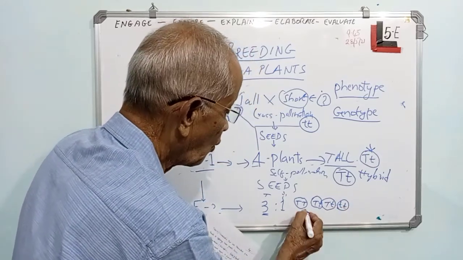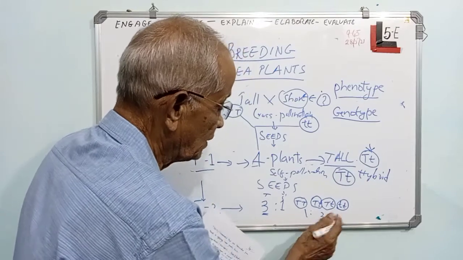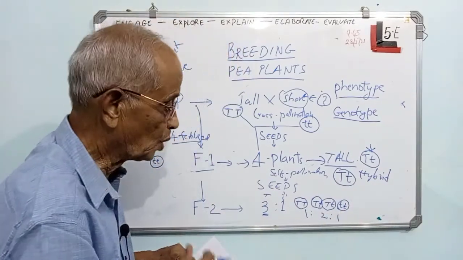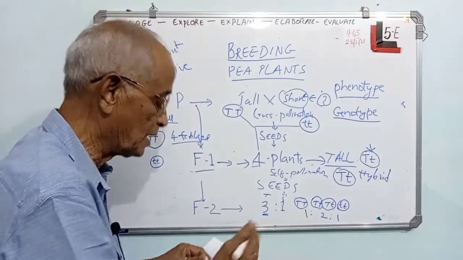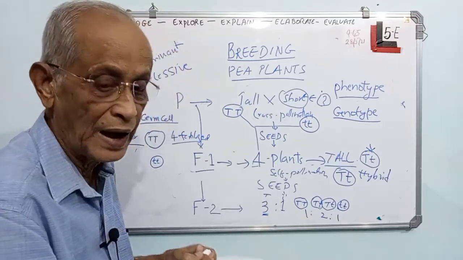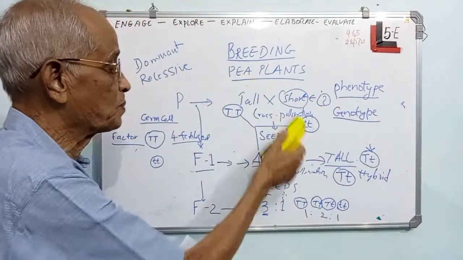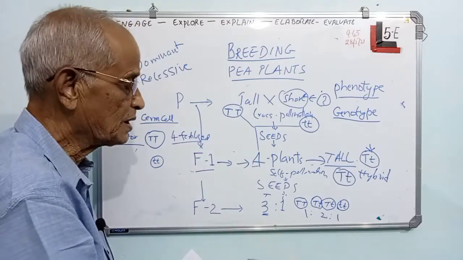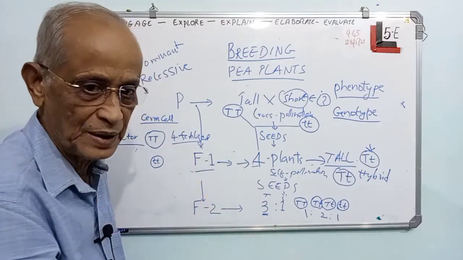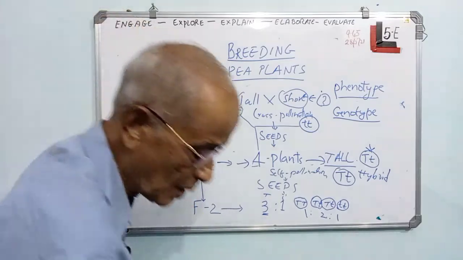So we get a 1:2:1 ratio, that is the genotypic ratio. So he found that by crossing and self-pollination, the traits in the pea plant would definitely produce either tallness or shortness. This is what the first law, the law of dominance, tells.